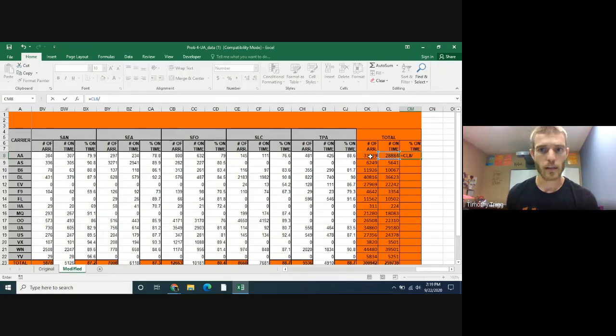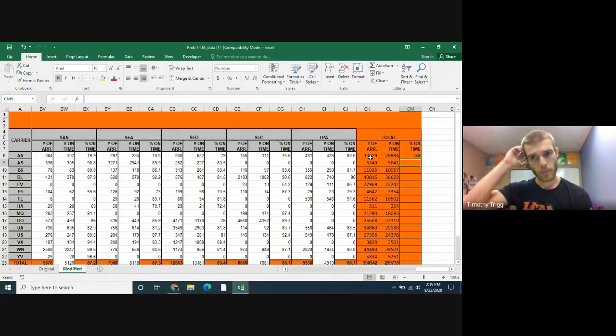Then click on cell CK8, enter. Notice it says 0.9, so it gives me a percentage, but not a very good percentage. Notice I'd prefer more than one decimal.